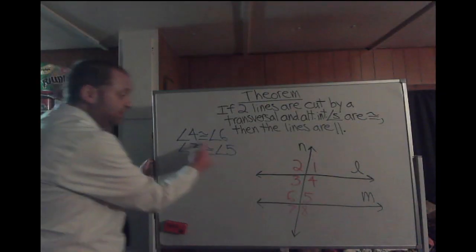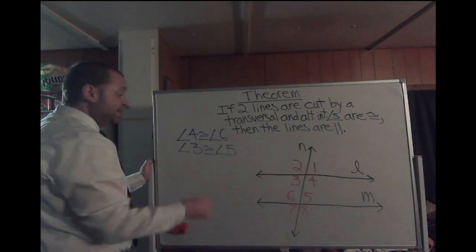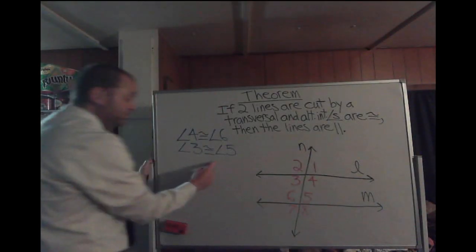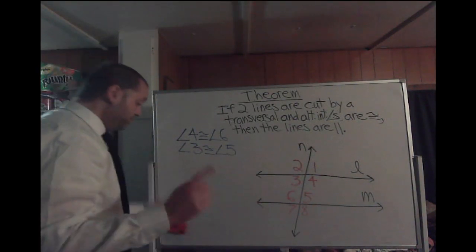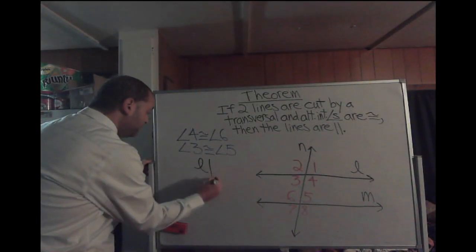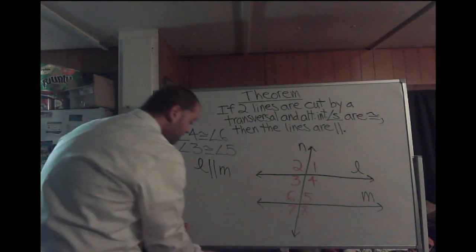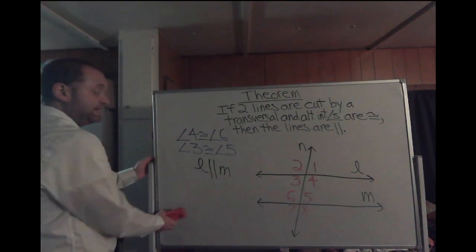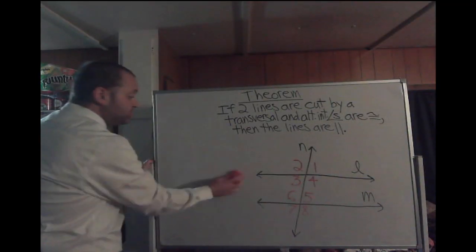They give us that angle 4 is congruent to angle 6, which are alternate interior angles. And that angle 3 is congruent to angle 5, which are also alternate interior angles. Therefore, by this theorem, we can say that line L is parallel to line M. So, that's how that one works. Really not much to it.